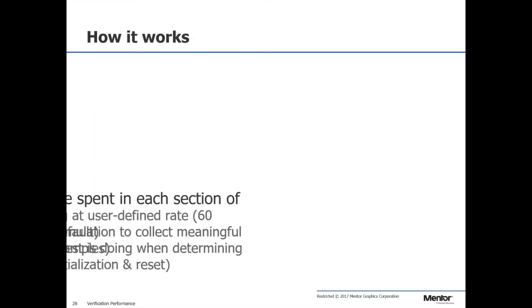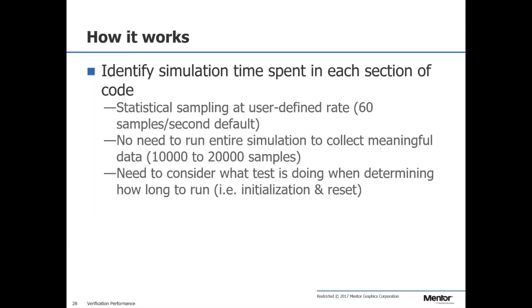So what the profiler does is it samples the source code as you're simulating, and every once in a while it will say, what line of code am I executing right now? And it'll record it. And so maybe every, 60 samples per second, I guess, is the default. It'll just pause and say what line of code is currently being executed.